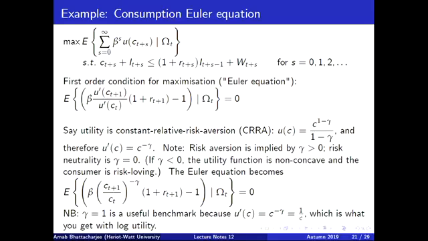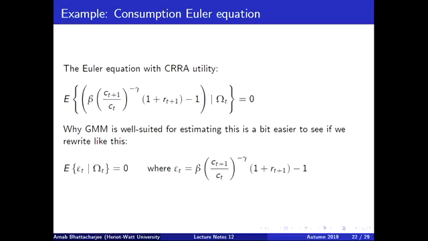There are important benchmark cases. Gamma equal to 1 is a useful benchmark because this thing happens, and then you get log utility in that case, right? So that is one interesting benchmark. So effectively, this is our rational expectations model.